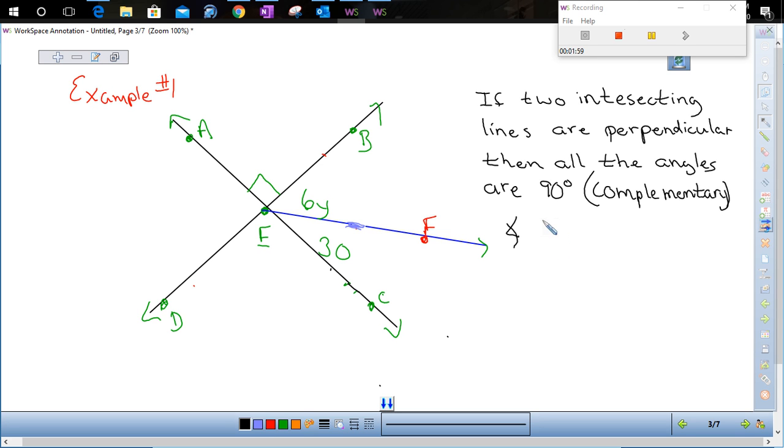if we say that angle CEF, which is this angle right here, and angle BEF, which is this angle right in here, are complementary.